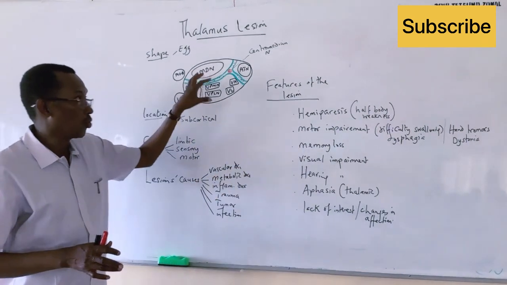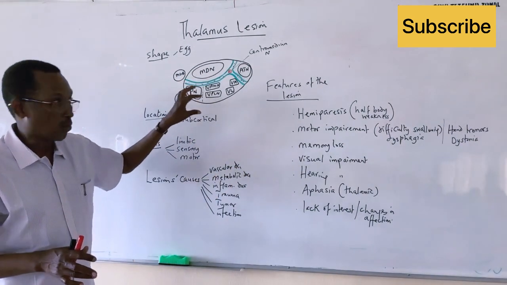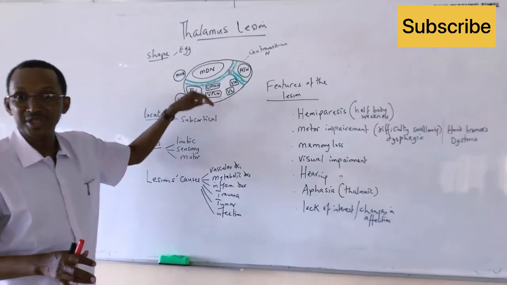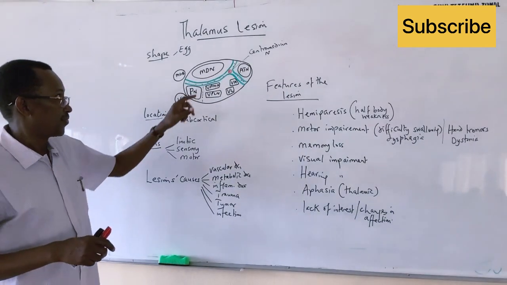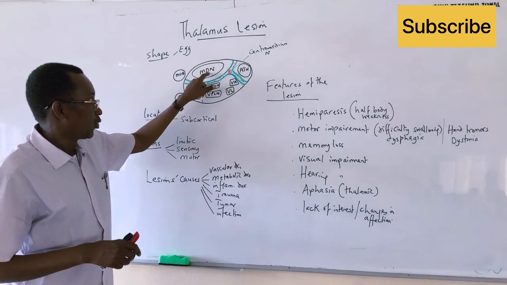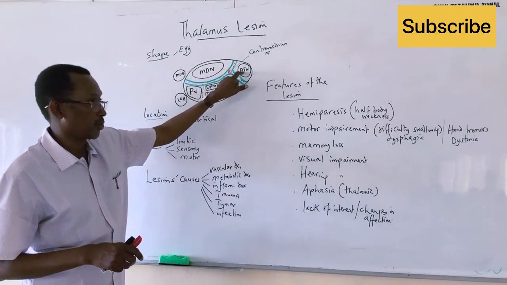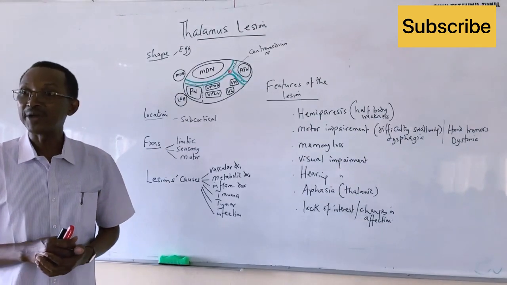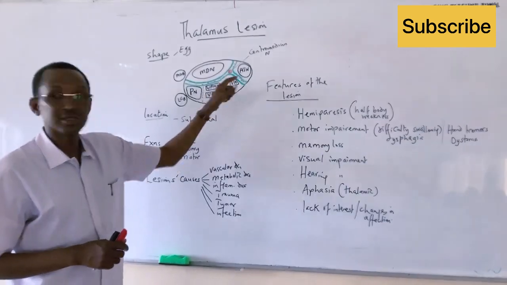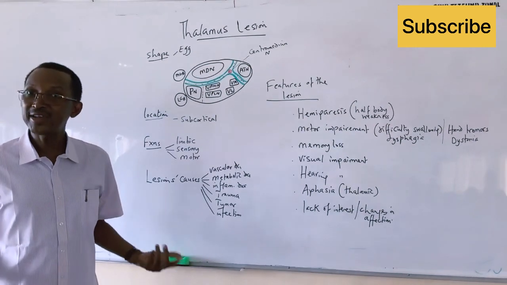If you know the functions of the thalamus, once you have a lesion of any of these areas, those functions will be affected. For example, if I say the medial dorsal nucleus and the anterior thalamic nucleus are affected, and that is the only area where the thalamus is affected, that means limbic function is going to be affected.